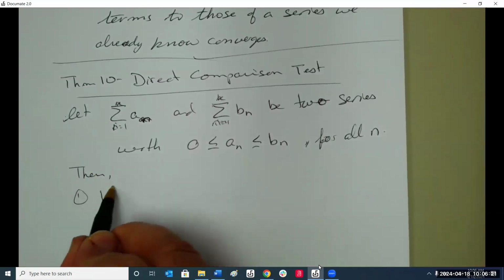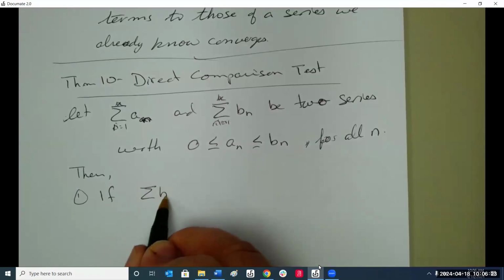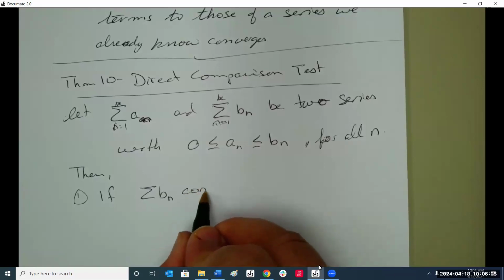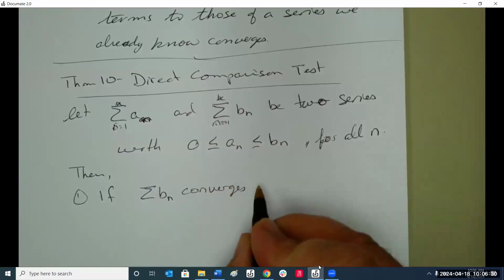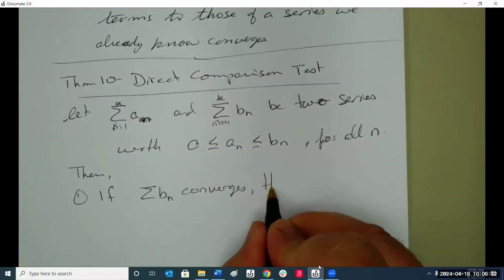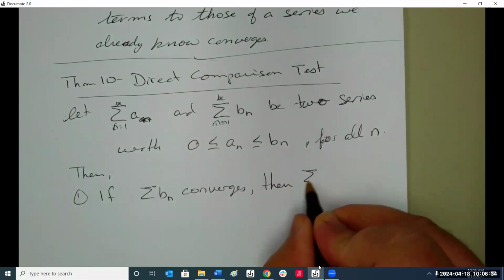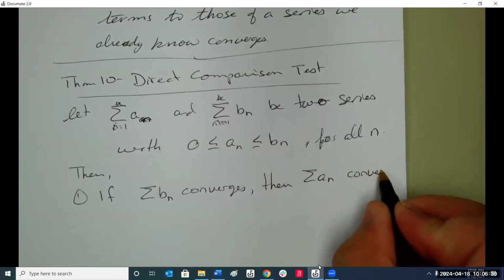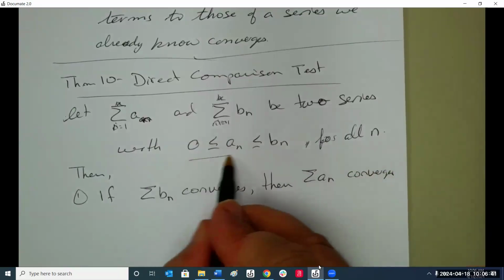Then, if the series B sub n converges, then the series A sub n converges because of that.